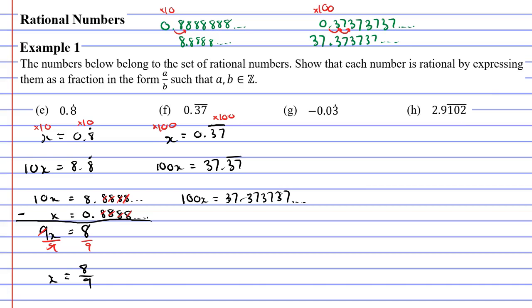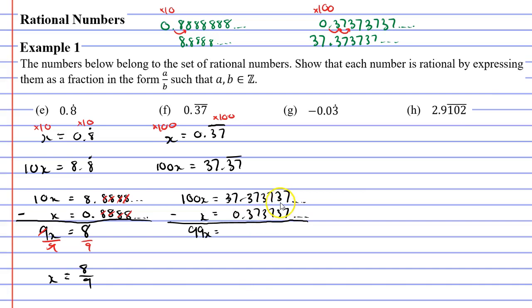I write down the second equation, x equals 0.3737 and so on, making sure that the decimals line up. Let's subtract these two equations. 100x minus x, that's quite simple, that's 99x on the left-hand side.